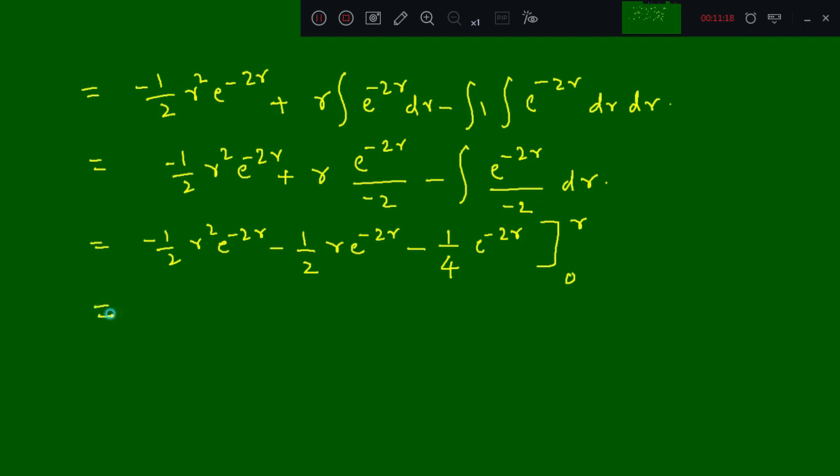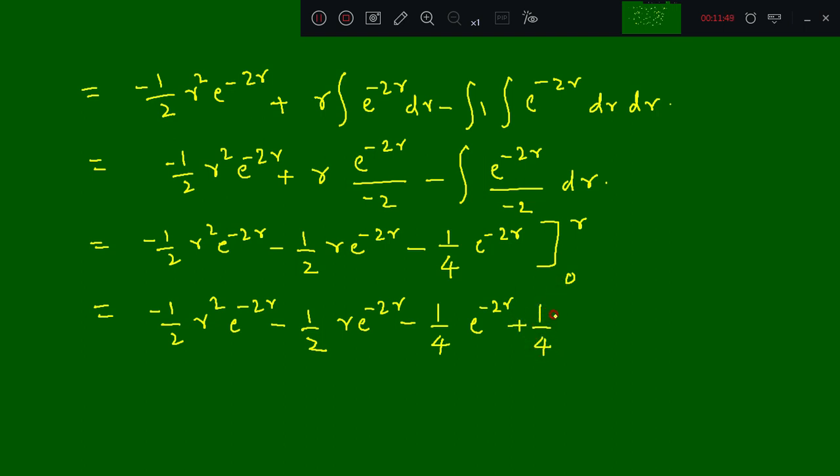the final value you are going to get is minus 1 by 2 r square e raised to minus 2r minus 1 by 2 r into e raised to minus 2r, then minus 1 by 4 e raised to minus 2r plus 1 by 4.